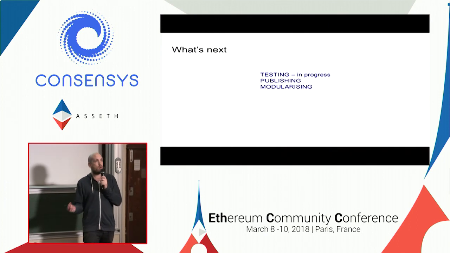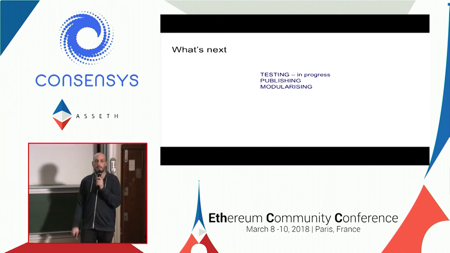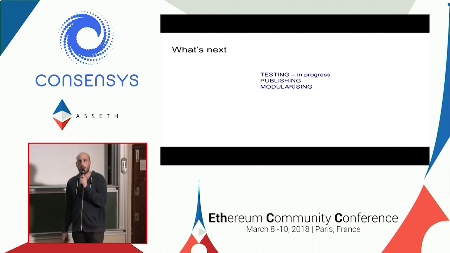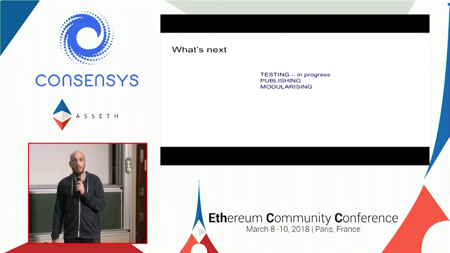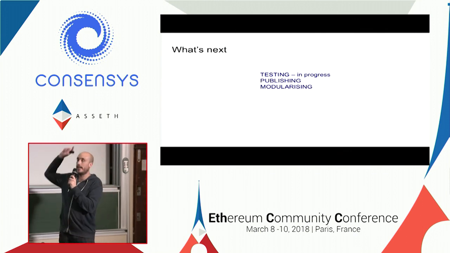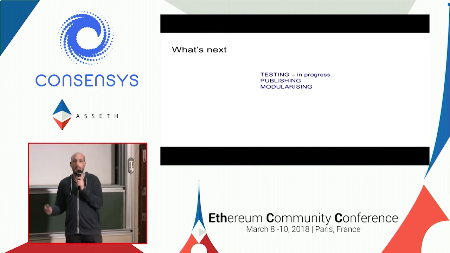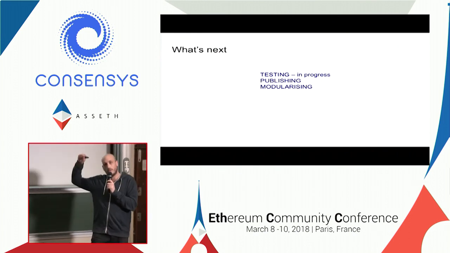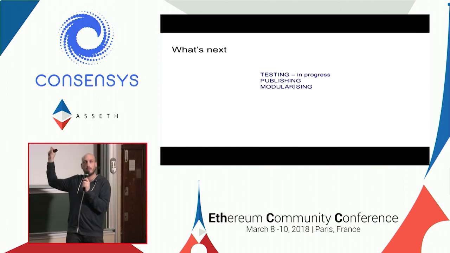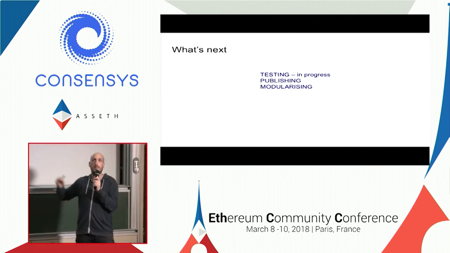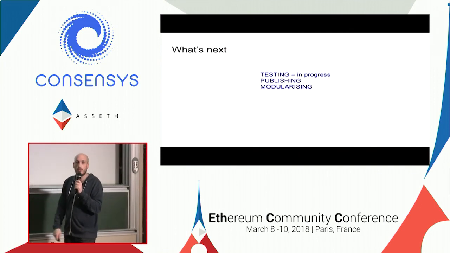This is basically a way to package contracts and then publish them. We have not started to work on this yet. And modularizing, well, we kind of did that already, but we also need to improve it. So we have one thing in progress and one thing that is now struck, kind of done. So I think we are going further, and things are going well.